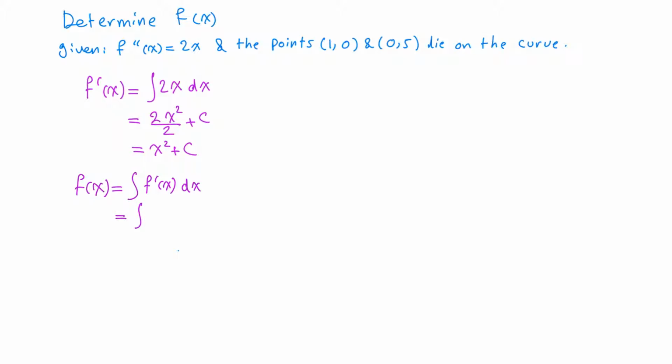So that will become the integral of x squared plus c. And I don't know what my c value is, I know it's a constant. So I'll write it like this, and it becomes the integral of x squared dx plus c times the integral of dx.